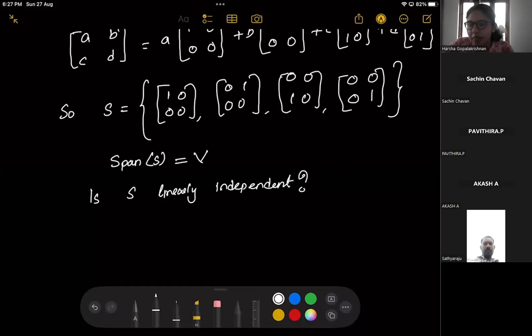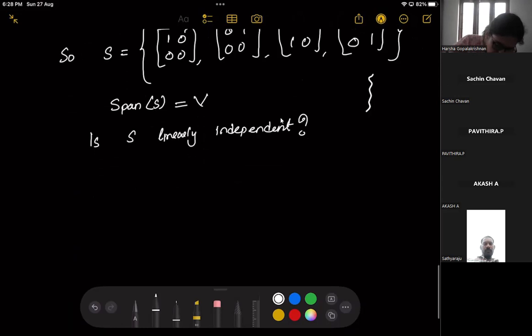The linear combination should be zero matrix. Yeah, linear combination equal to 0, we will equate. And if all the coefficients are 0, then it is linearly independent. So, what does linearly independent mean?